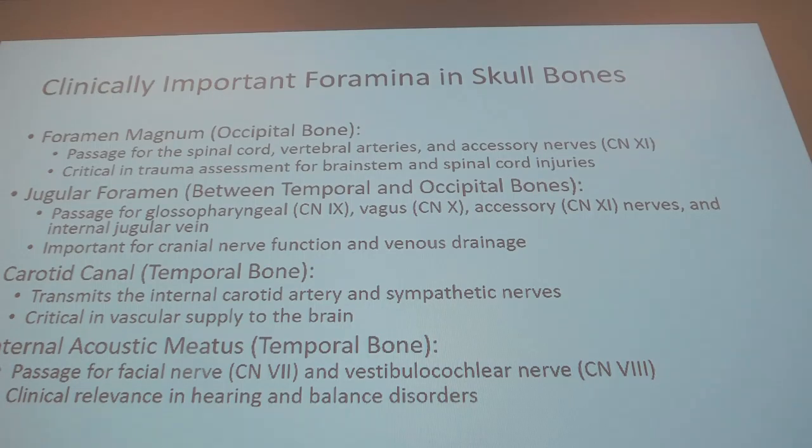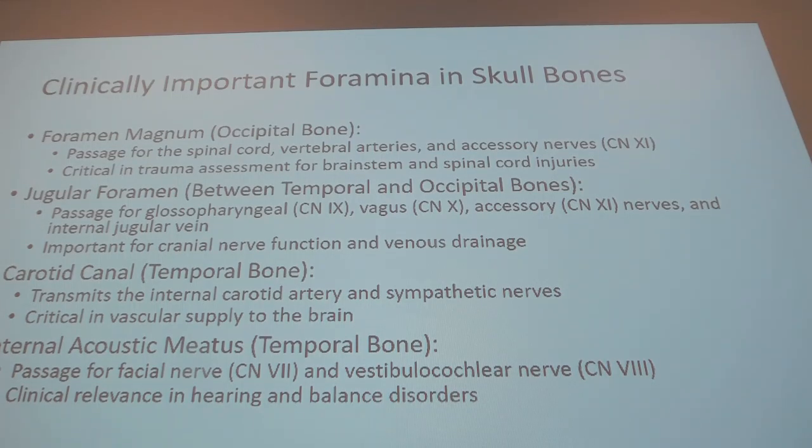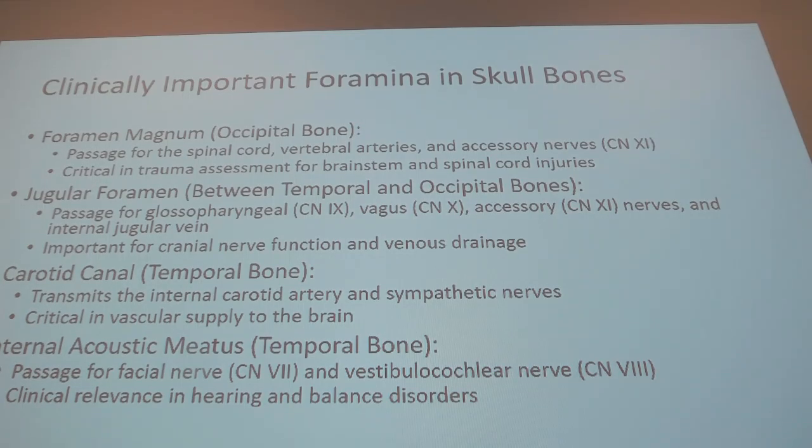Now, jugular foramen, which is located between the temporal and the occipital bones, allows the passage of not only the jugular vein, the internal jugular vein, which drains the blood from the brain, but also the passage of 3 cranial nerves, 9, 10, and 11. Number 9 is called glossopharyngeal. It innervates several muscles in our throat, and also allows us to taste molecules on the posterior third of our tongue.